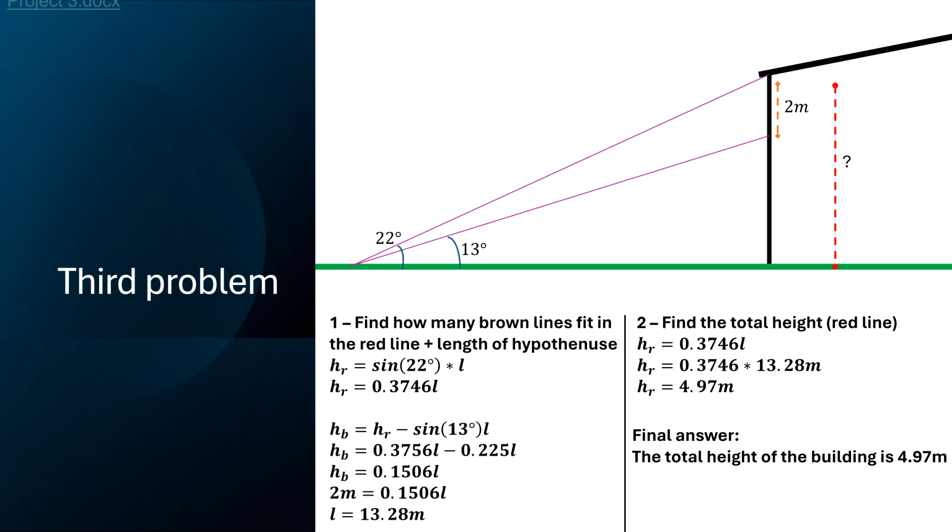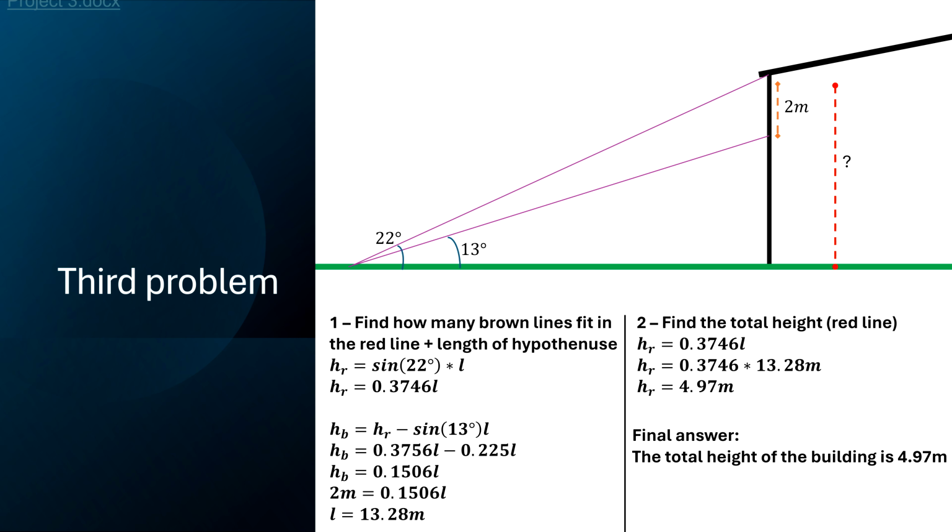However, we already know the height of the brown line, which we plug into our equation and then solve for L. That turns out to be 13.28 meters. That is the length of the great line of 22 degrees.